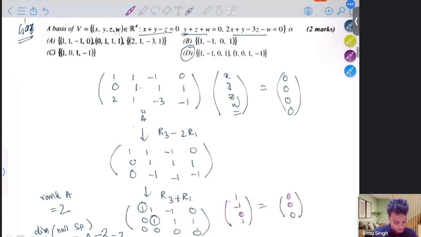Similarly, multiplying the reduced matrix R by 1 0 1 minus 1, this is also 0, right? So those will be the basis of the null space.